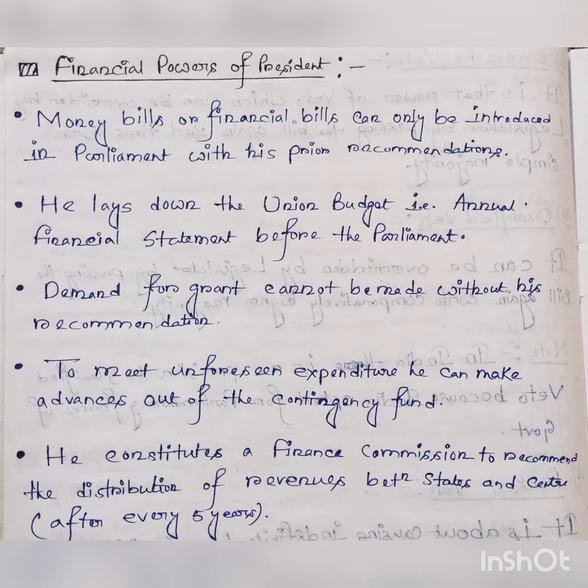Number 4, to meet unforeseen expenditure, he can make advances out of the contingency fund. Number 5, he constitutes a finance commission to recommend the distribution of revenues between the states and the Centre after every 5 years.